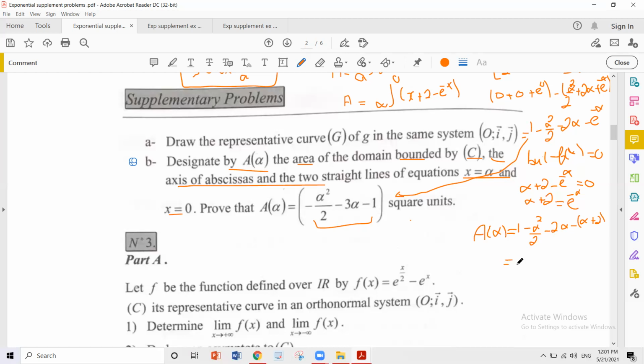We get minus alpha squared over 2 minus 3 alpha minus 1 square units of area.